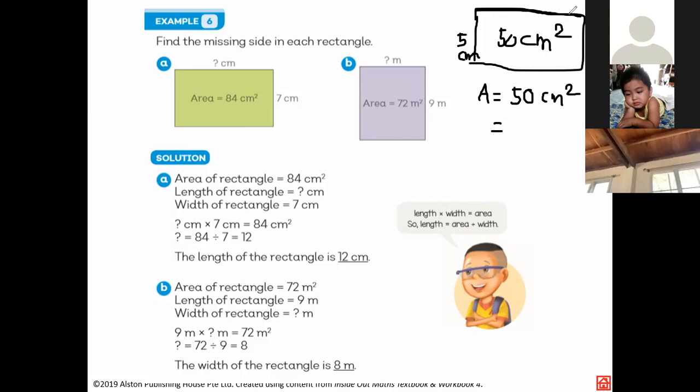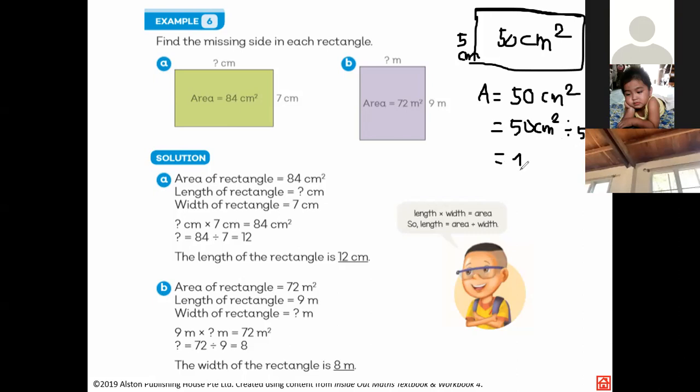10. 10, very good. So you just have to divide 50 centimeters squared divided by 5 centimeters.